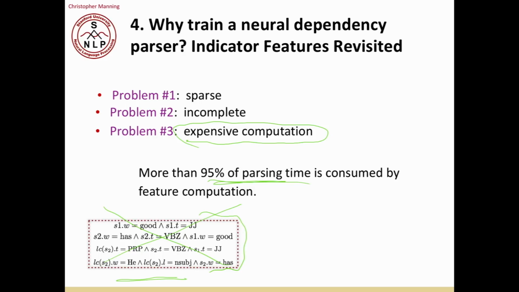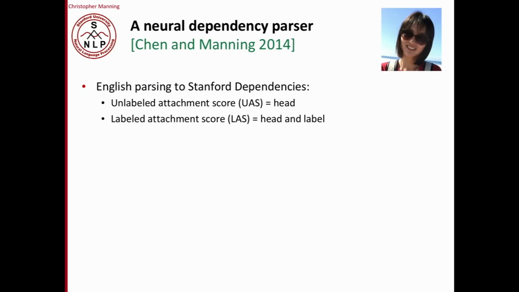Then maybe that would allow us to build a dependency parser which was faster and suffered less from issues of sparseness than a conventional dependency parser. And so that was a project that Danqi Chen and I tried to do in 2014, to build a neural dependency parser. And effectively what we found is that that's exactly what you could do.